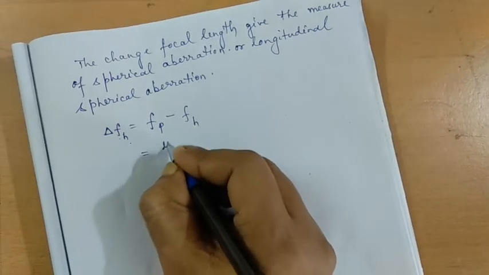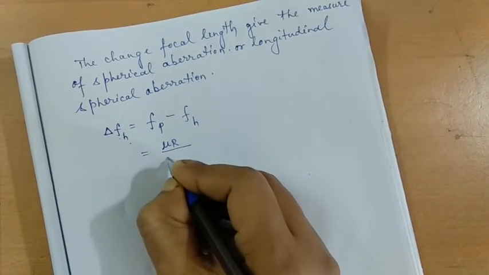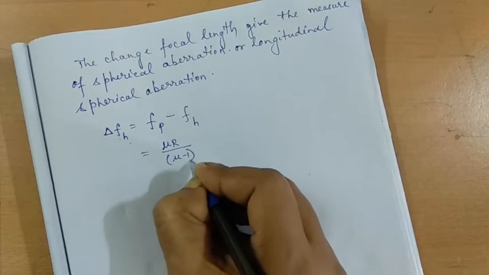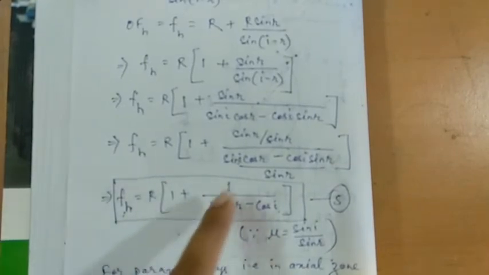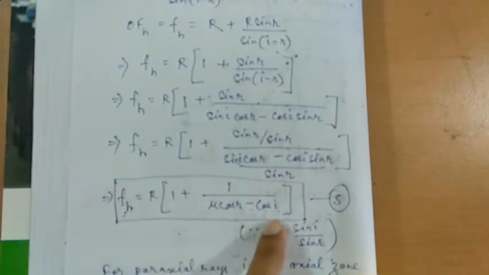So you have here mu r by mu minus 1 minus fh. You had fh here, that is r into 1 plus 1 by mu, cos r minus cos i.